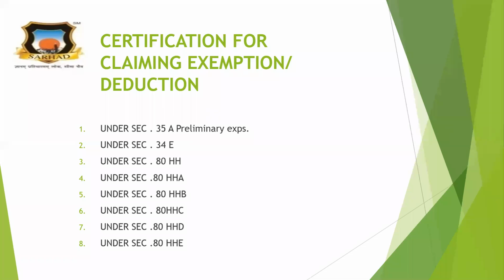Then deduction under section 80HHB, it is related to foreign projects. Under this, it provides for the deduction from gross total income of an amount equal to 50% of profit and gains from the business of execution of a foreign project on a contract basis, or a foreign project of some other assessee who has undertaken the project on a contract basis.